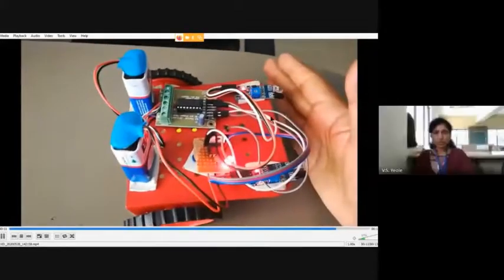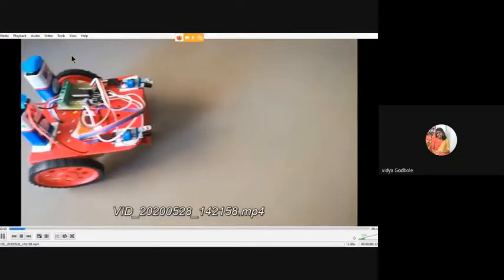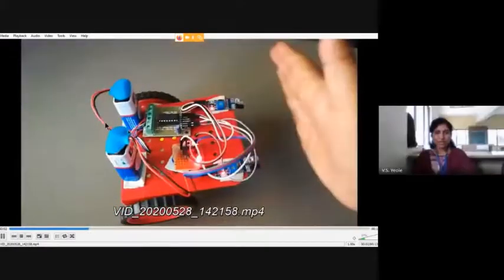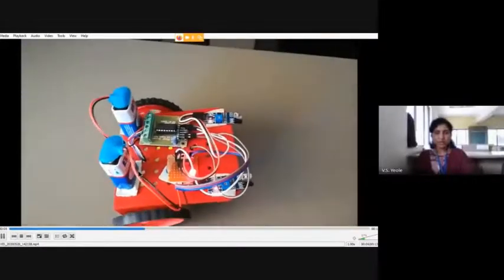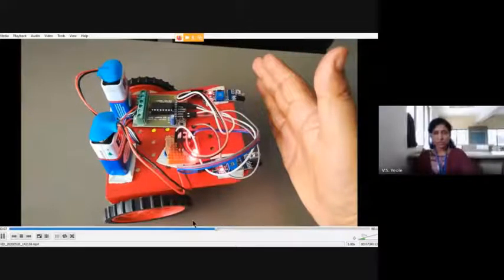So whenever there is an obstacle, the DC motor will stop. Now in this robotic vehicle you can see that the motor is rotating only in one direction. When the supply is stopped, the motor will stop. So that is the use of DC motor in case of robotics.